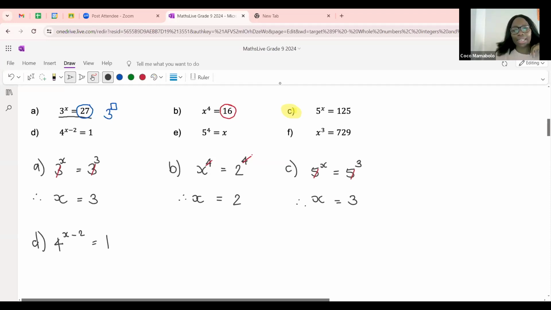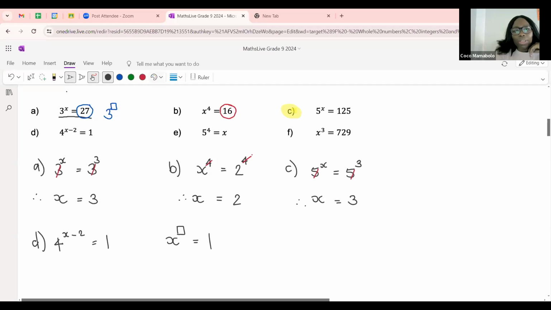I want to see who can remember it. It says that anything to the power of something, let's call it x. Okay, so let's say x to the power of something is equal to 1.